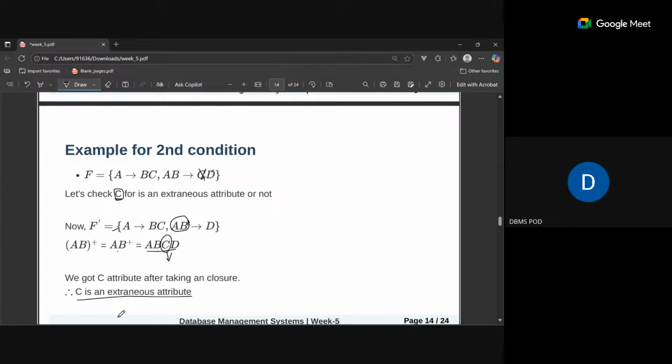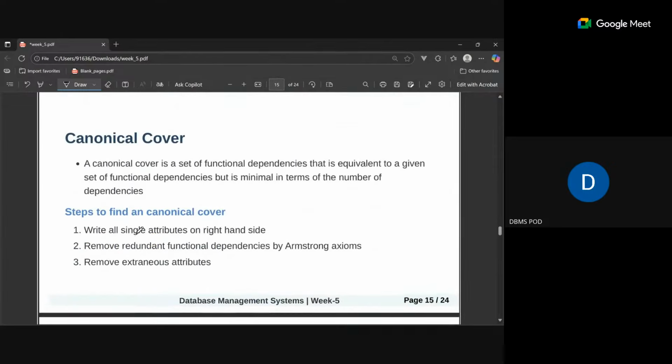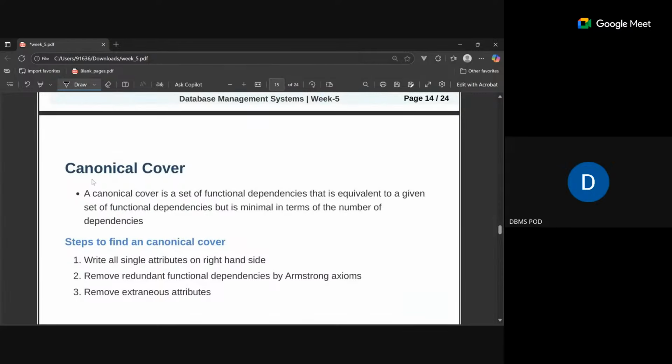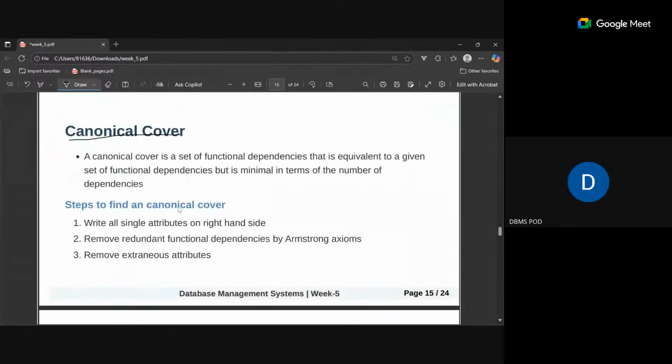Okay, let's move to the next one. I hope it's clear. The next concept is canonical cover. The canonical cover is nothing but minimizing the dependencies again using all the concepts that we have studied so far.